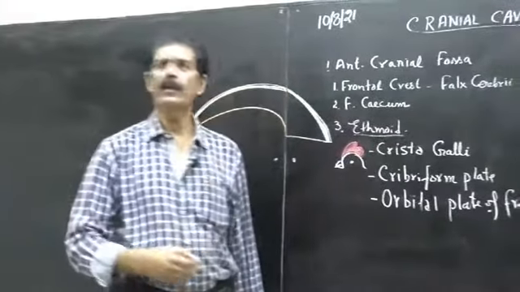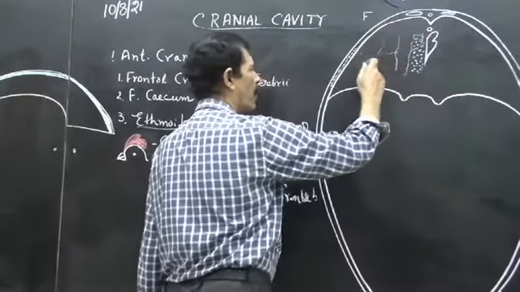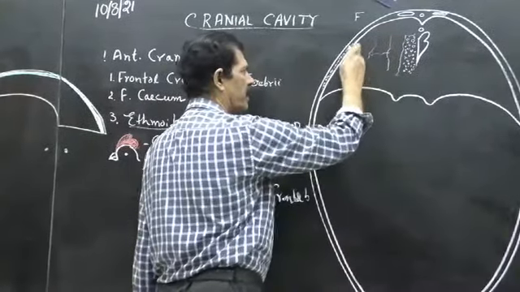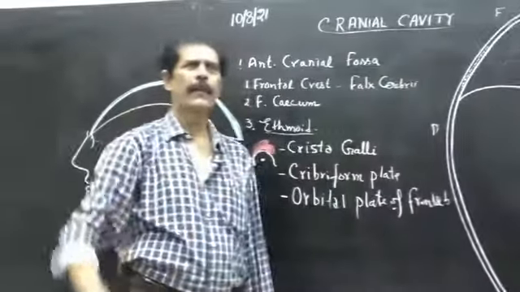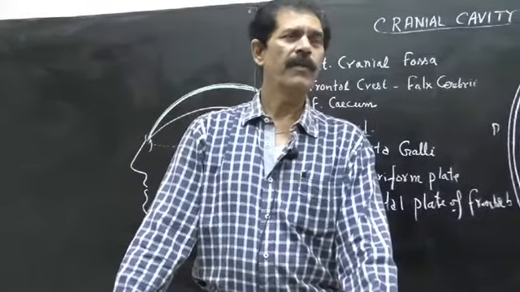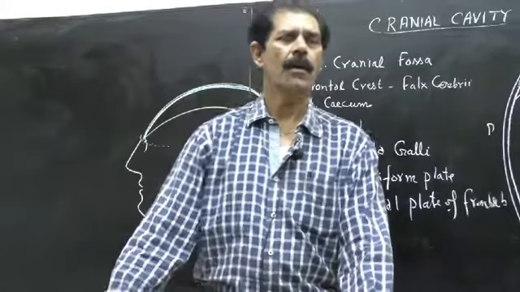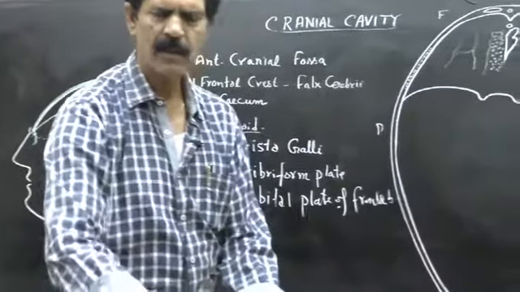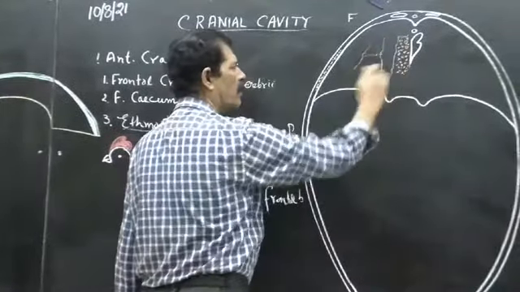We have done the orbit because below this the eyeball lies here, and we did the dissection yesterday. So we break this, then we go into the orbit directly after breaking the roof of the bony orbit. So the roof of the bony orbit is formed by the frontal bone, which is a horizontal plate, and this ethmoid bone is also horizontal.